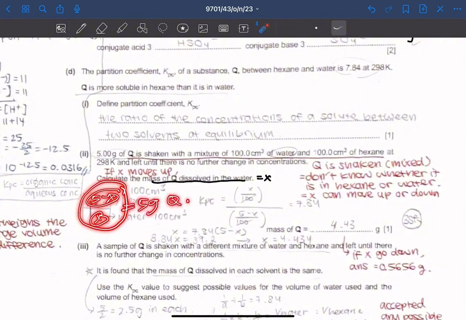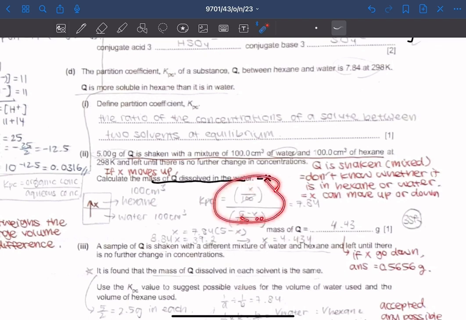But this X is the mass of Q that dissolves in water. So we need to find X in this case. So KPC, X over 5 minus X, is equal to 7.84, because KPC mentioned here is 7.84. We cross out the 100.